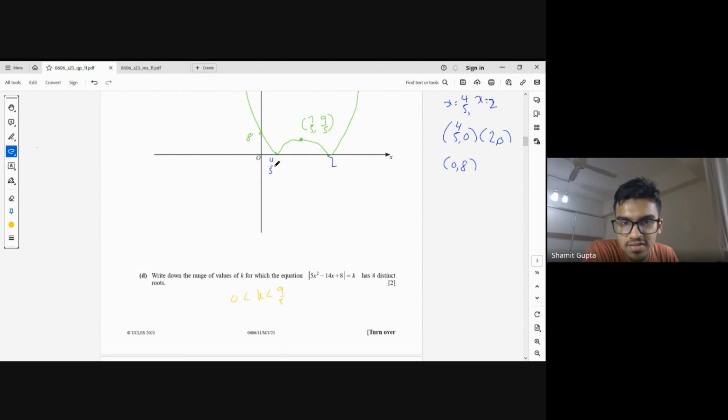Okay, because if k is greater than 0, it will be above the x-axis, and if it's lesser than 9/5, it will be below the turning point. Okay, because you can see here 1, 2, 3, 4. It can't be at the turning point because then it will be something like this, which is intersecting only 1, 2, 3 times. Okay, so I hope that's clear. Let's move on.